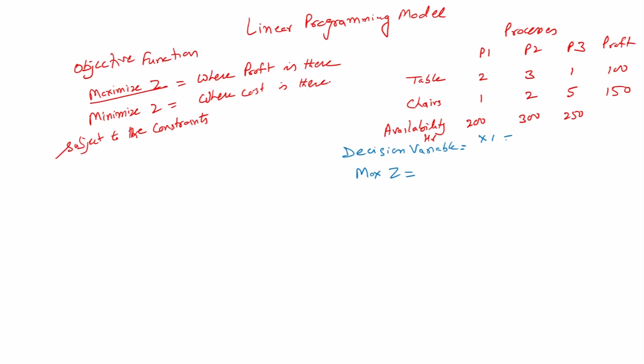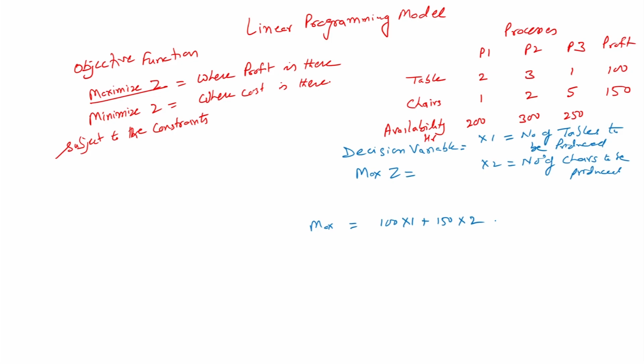X1 is the number of tables to be produced, and X2 is the number of chairs to be produced. So, what is my profit? Each X1 gives me 100 rupees, so my profit function is 100 X1 plus 150 X2. So, that is my objective function.